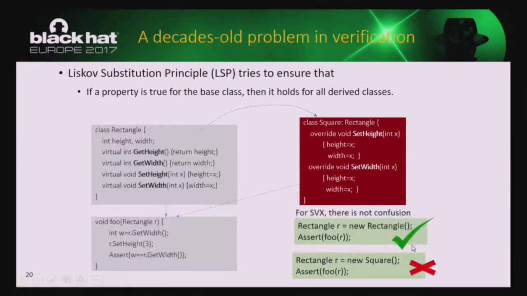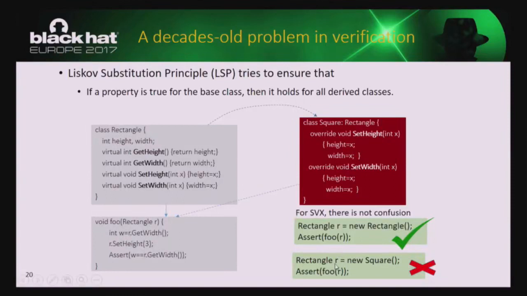In SVX, we don't have this dilemma because the verification happens at the actual runtime. There's no confusion due to abstraction. So, for example, if rectangle R is constructed at runtime as a rectangle, then of course we are able to prove that the width is independent of the height.